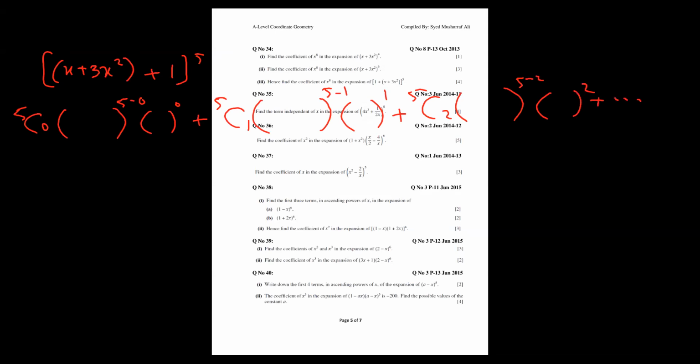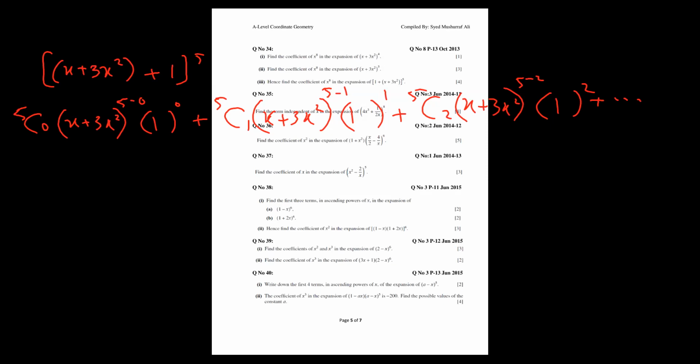I think okay. The first term comes here, and the second term comes here. The rest is the same thing: x plus 3x to the power 2, and here 1 comes. x plus 3x to the power 2, here 1 comes. x plus 3x to the power 2, and here 1 comes. So now I just simplify. You know 5c0 is 1, and 1 to the power 0 is 1.